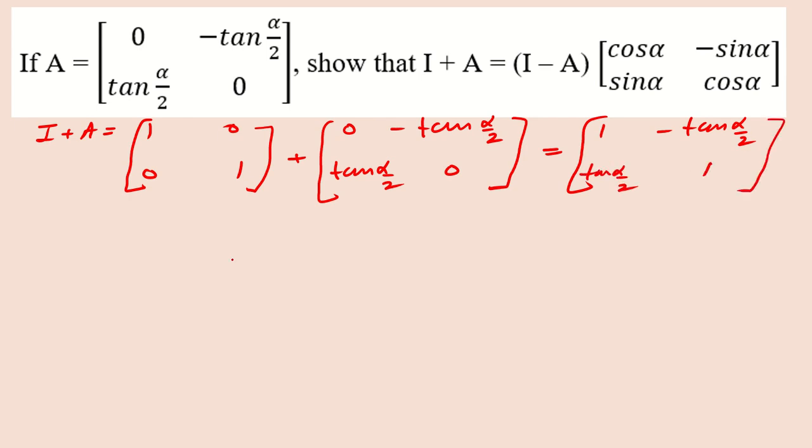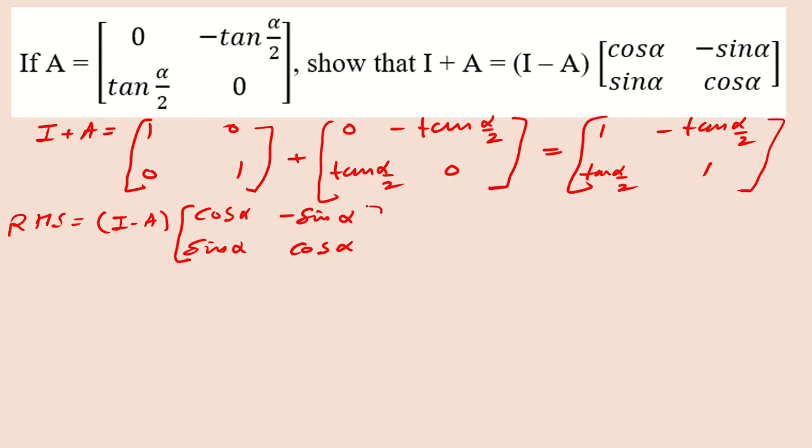Okay. This is the left hand side. Now let's focus on the right hand side. This is I minus A times this matrix, cos alpha, minus sin alpha, and then sin alpha, cos alpha. Okay. So I minus A, I am doing it directly, like this was plus, make it minus.